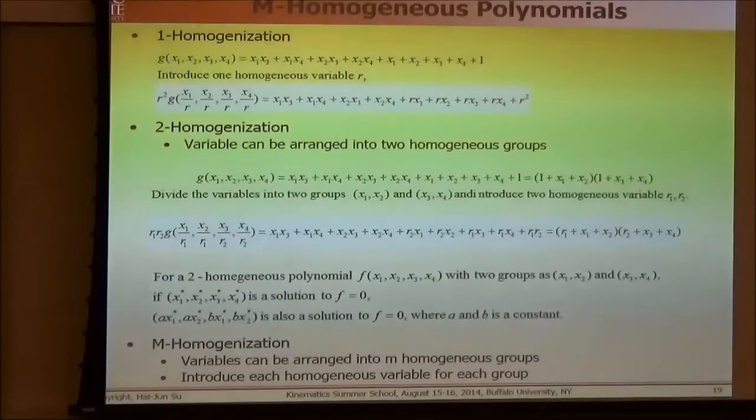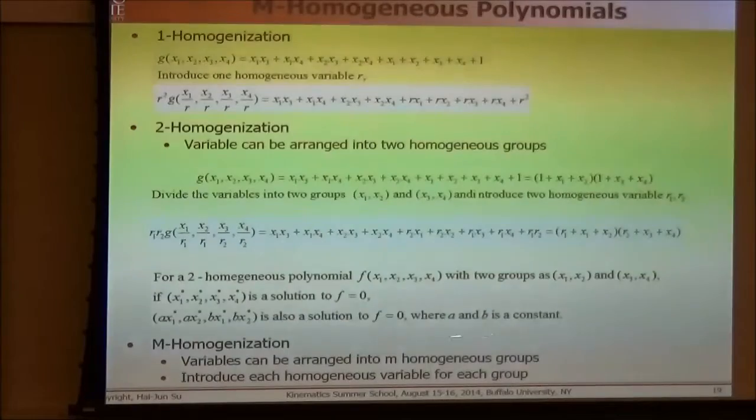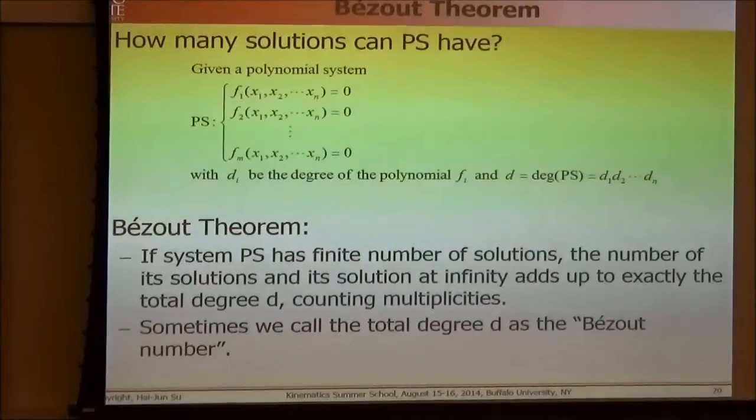For a 2-homogeneous polynomial, if x1, x2, x3, x4 star is a solution, then any scaling of the first group and any scaling of the second variable group is also a solution to the equations. And you can generalize to M-homogeneous. Okay. Now we are interested in, first, how many solutions are there in the polynomial system?